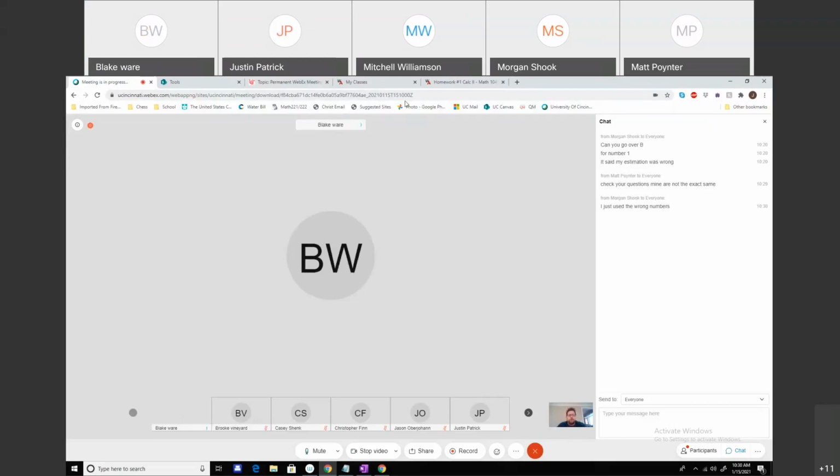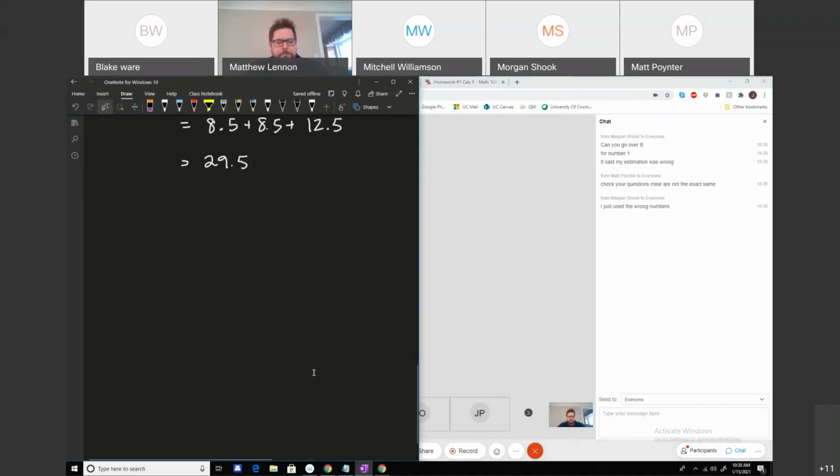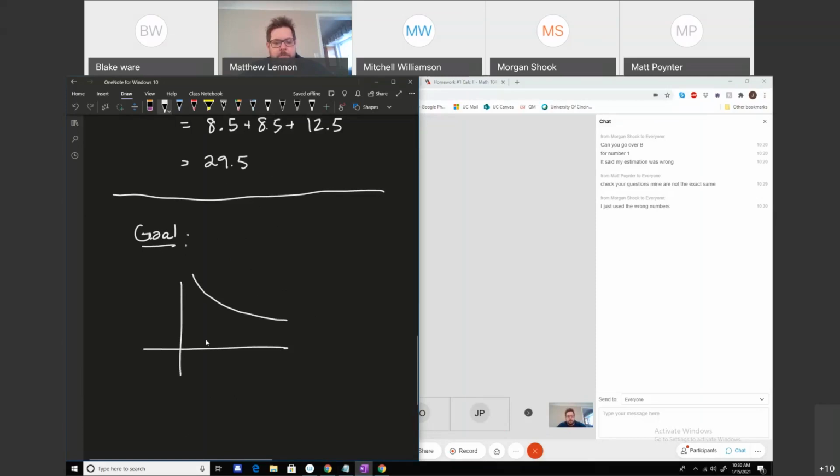So what we're really trying to do, the goal, is to try to find the area under some curve, right? Something maybe that looks like this, from one point to another point. So the exact area would be figuring out this perfect shaded amount.